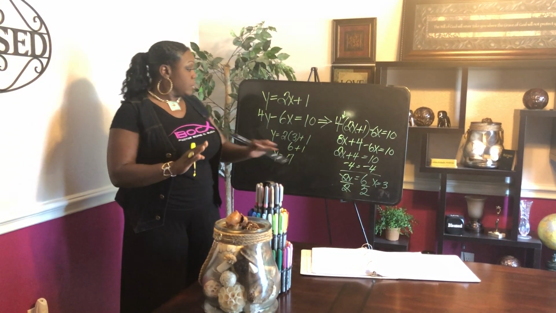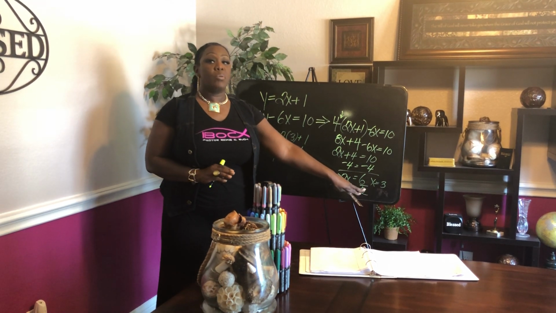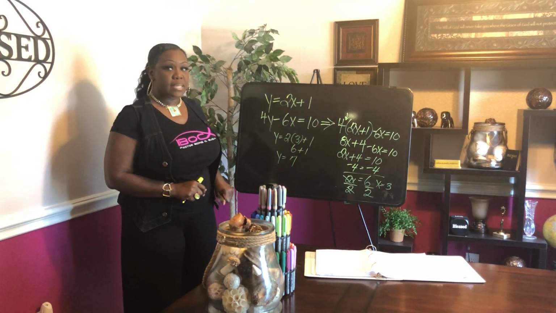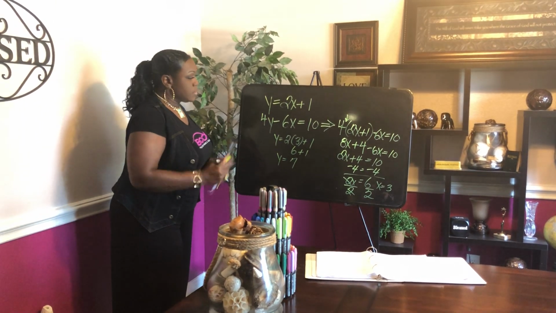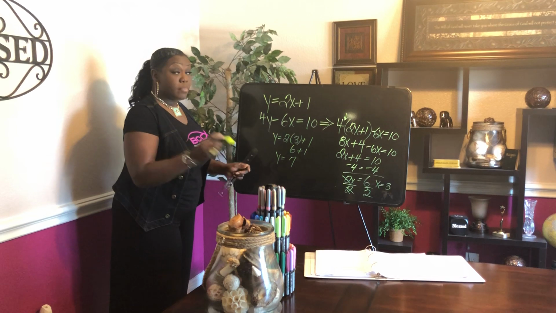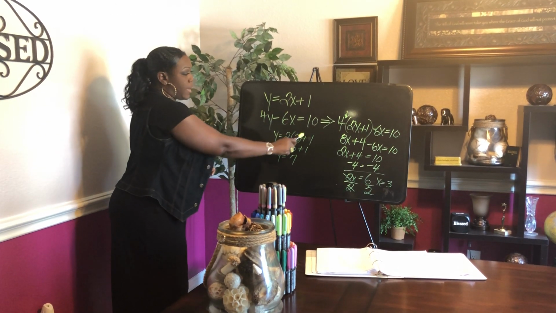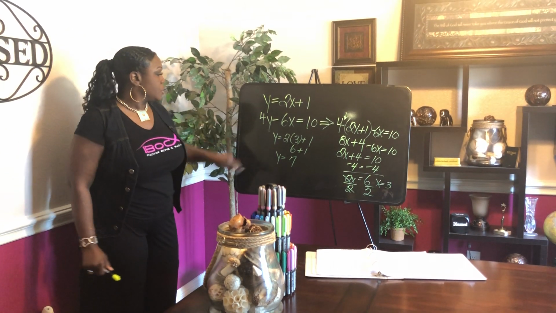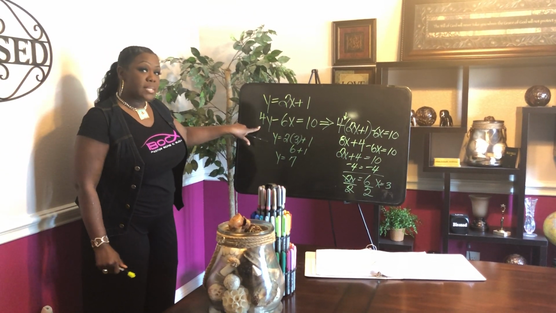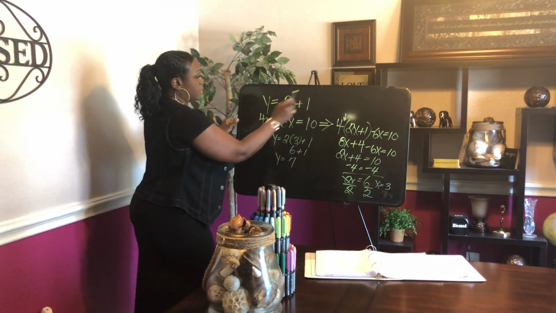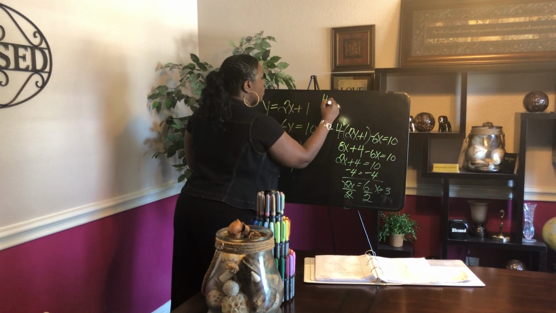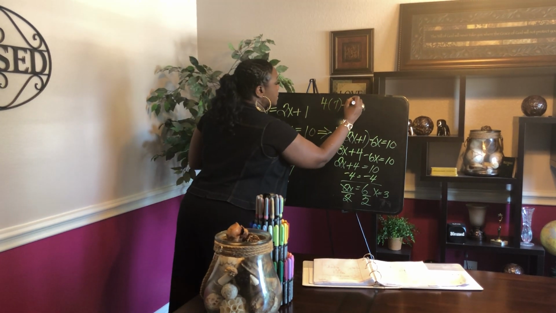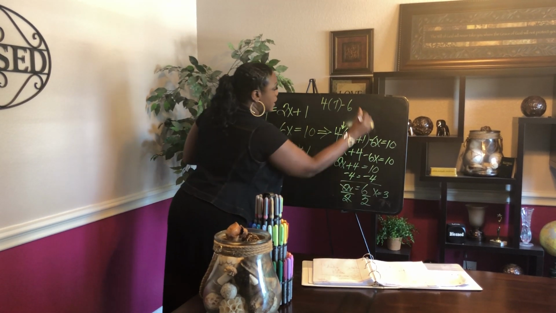If you are plotting a point on the line, your x coordinate would be 3 and your y coordinate would be 7. So let's check the problem to make sure we have our x and y answers correct. All you do is substitute. You know y is equal to 7, so I'll write it up here at the top. 4 times 7 minus 6 times 3.